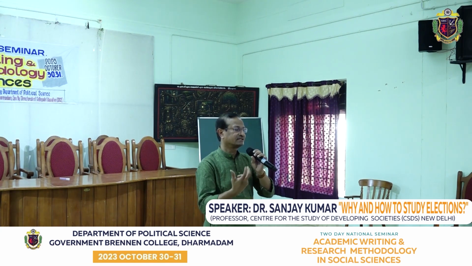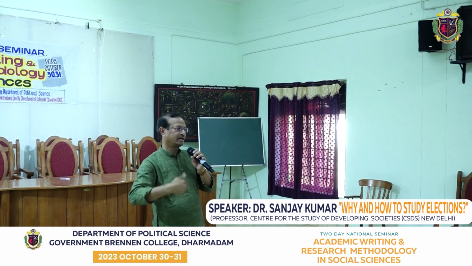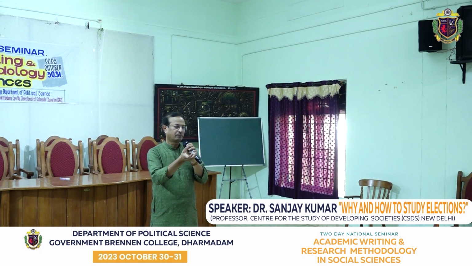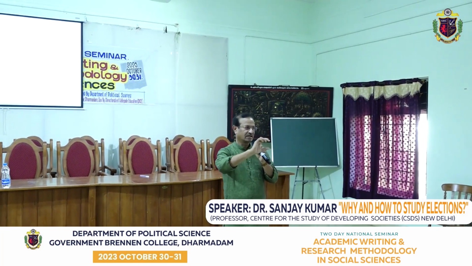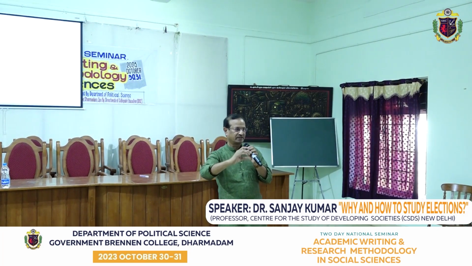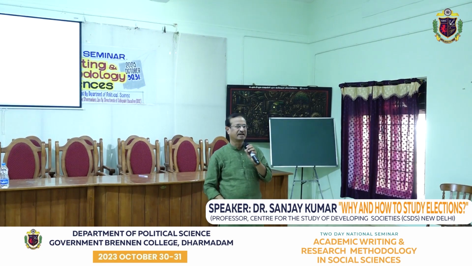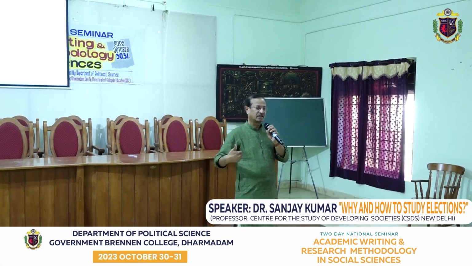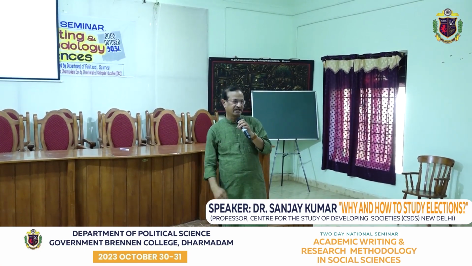If I formulate that into a research question: do we see a convergence of caste-based voting now compared to the past? Or more simply, are people voting more on the basis of caste now compared to the 90s or a decade ago?